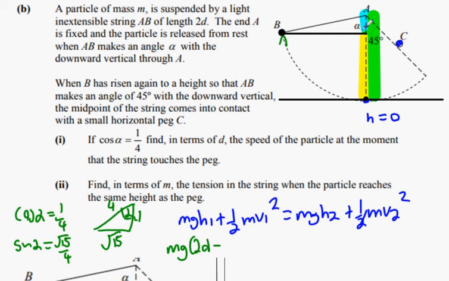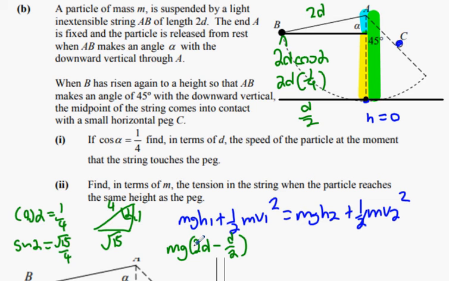Now guys, what we're going to say, that's 2d. Is everybody happy with this? Is everybody happy with A to B being 2d? So the blue part will be 2d cos alpha, which is 2d times a quarter, which is d over 2.